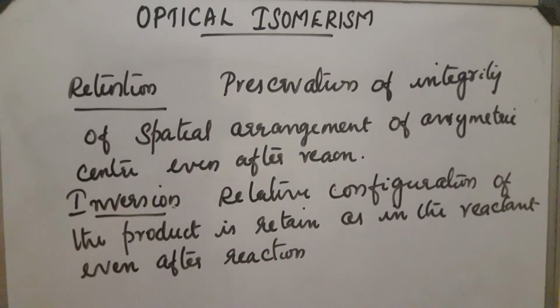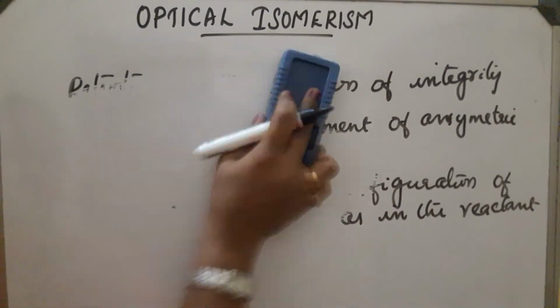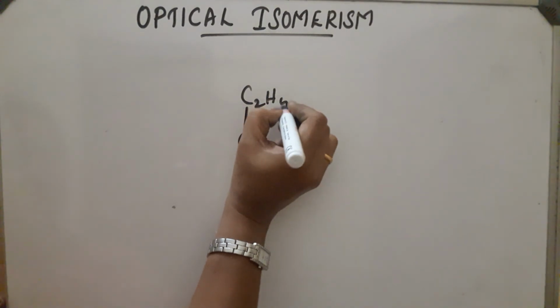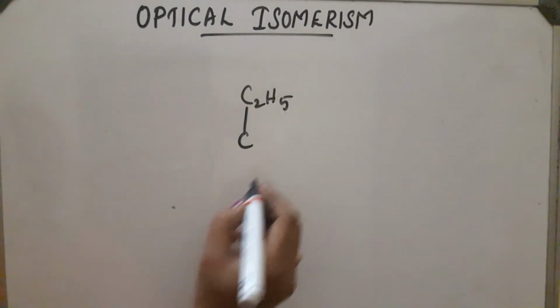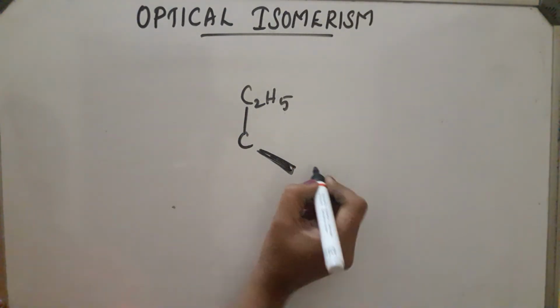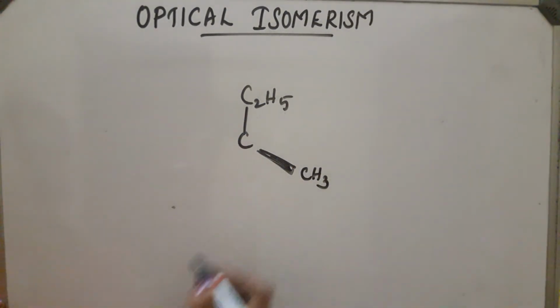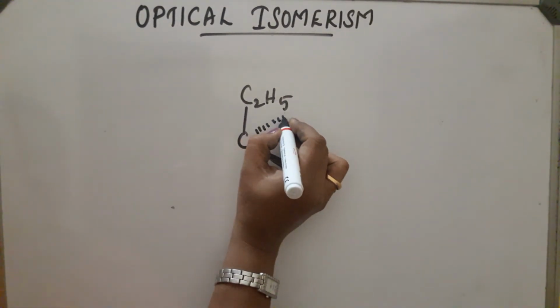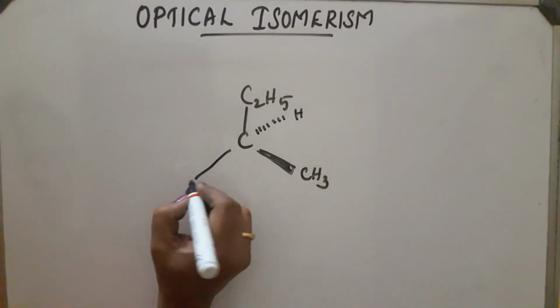Now let us see one example. Take a compound. Hydrogen here and the leaving group is here.